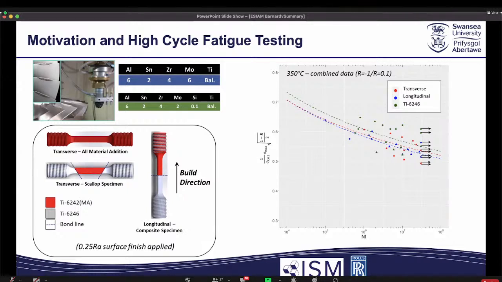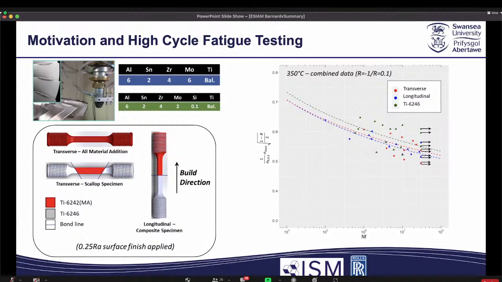We carried out high cycle fatigue testing at 3 temperatures, including ambient, 350 and 480 degrees Celsius. And all specimens that were tested were heat treated, machined and polished, so we weren't testing in the as-built condition.